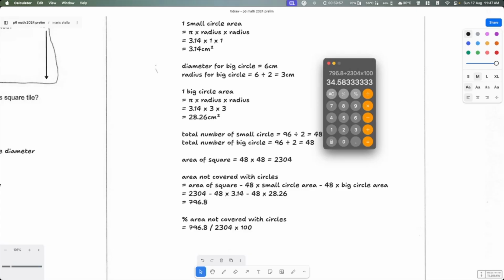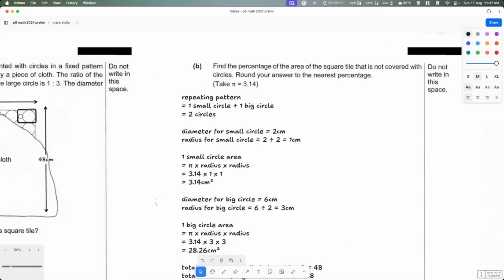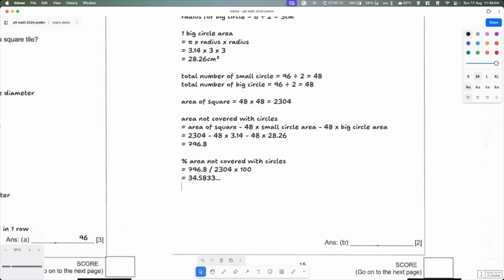This will give you 34.58, which is roughly 33.33 and so on. Rounded to the nearest percentage, this will be 35%. There you go, so the answer is 35%.